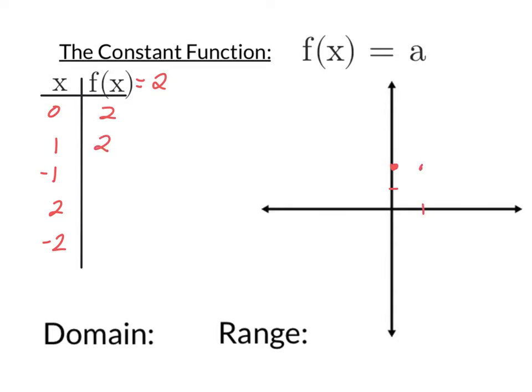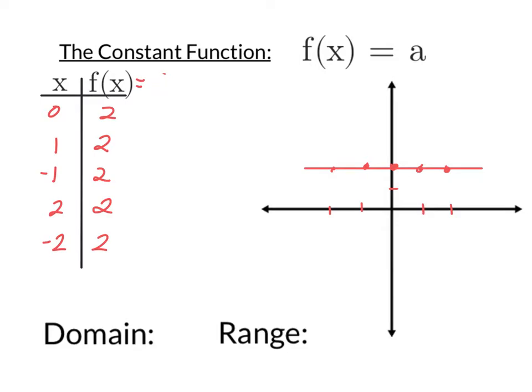So 1, 2. At -1, it's 2. At 2, it's 2. In fact, the functional value is always 2. So whether we're talking about 1 or 2 or -1 or -2, those functional values are all at 2. So when we graph that function, we end up with this horizontal line.